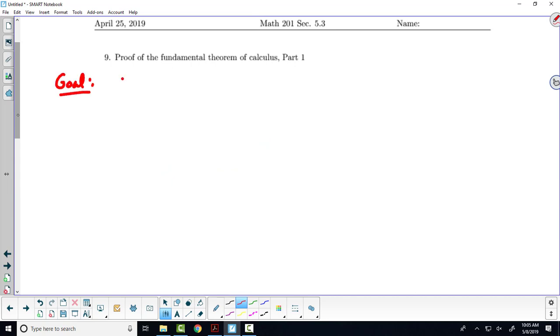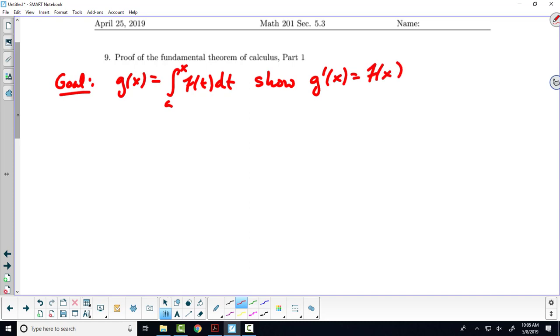we want to show that for g of x equal to the integral from a to x of f of t dt, what do we want to show? We want to show that g prime of x is equal to f of x. Well, what is g prime of x? Let's return all the way to the first unit, maybe the second unit of this course.